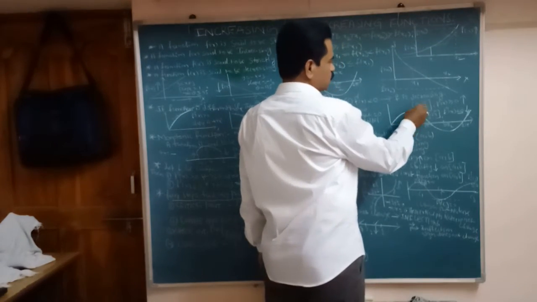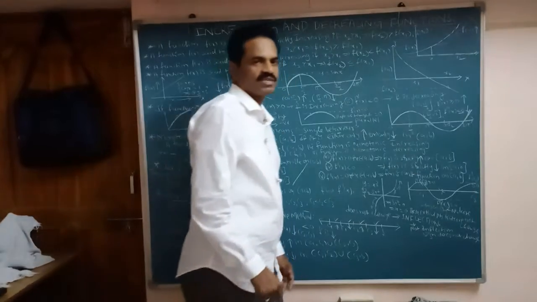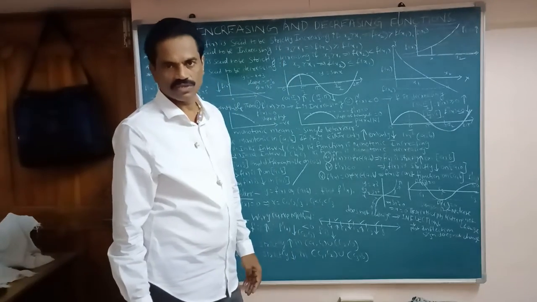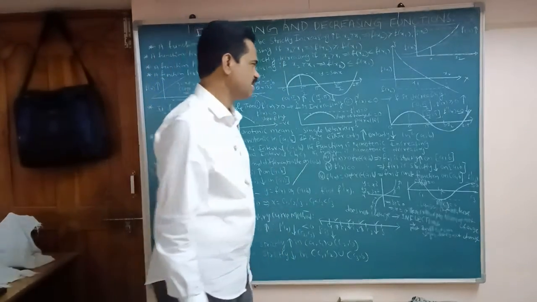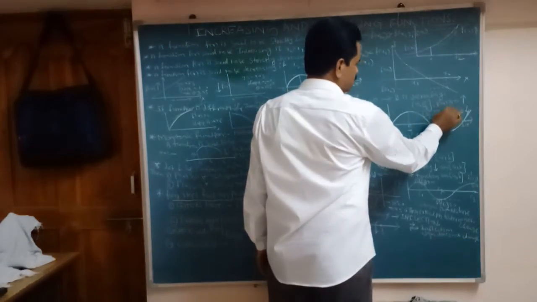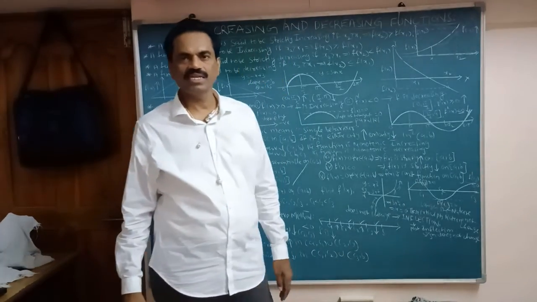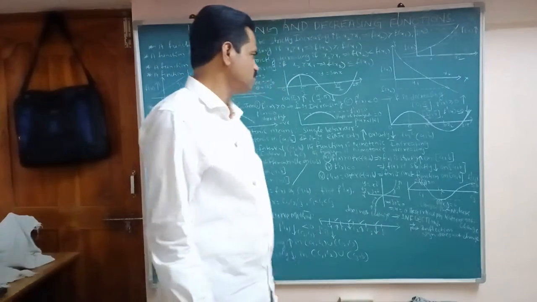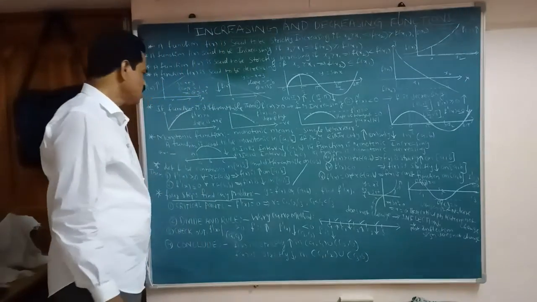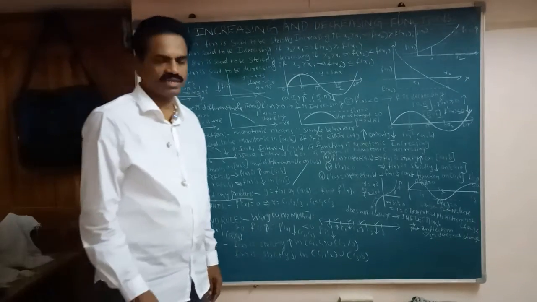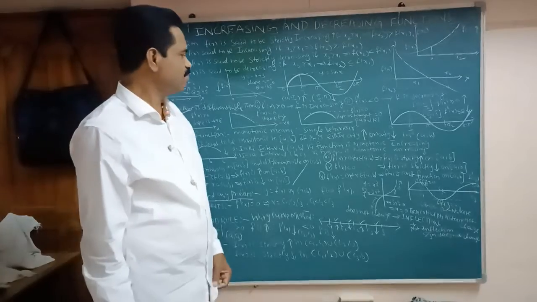So on 0 comma pi by 2, f dash x is greater than or equal to 0 and the function is increasing. From pi by 2 to pi the function is decreasing, which means f dash x is less than or equal to 0.